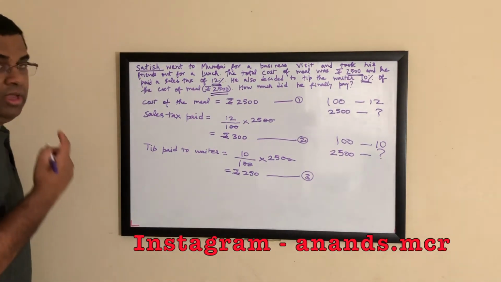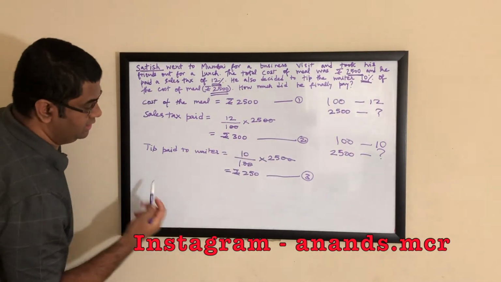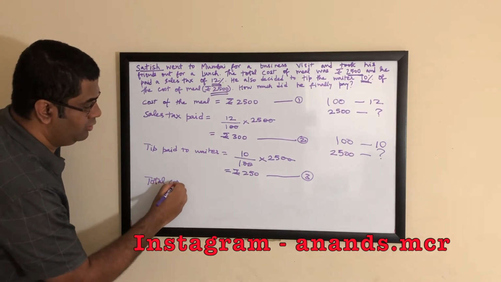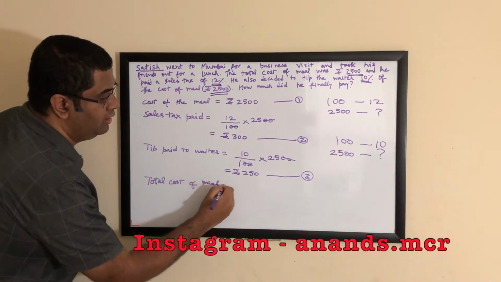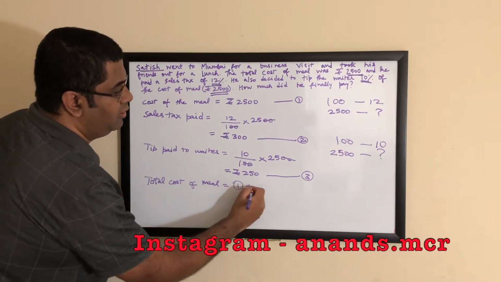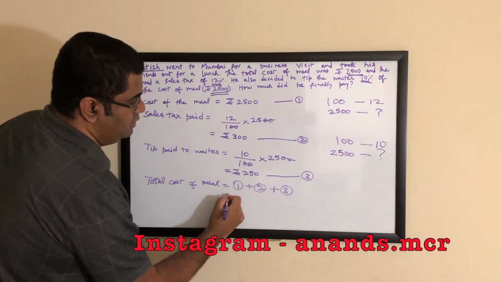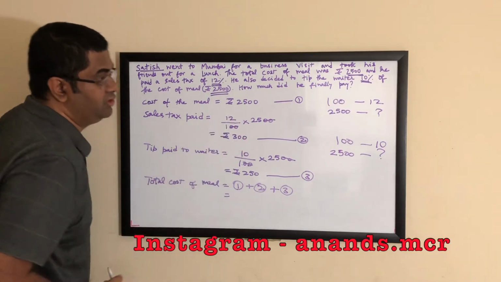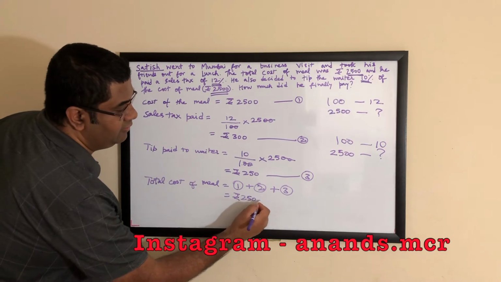Now, to arrive at the total cost of the meal, we have to add steps 1, 2 and 3. Total cost of meal is equal to steps 1 plus 2 plus 3. Step 1 was obvious: the meal had cost rupees 2,500.